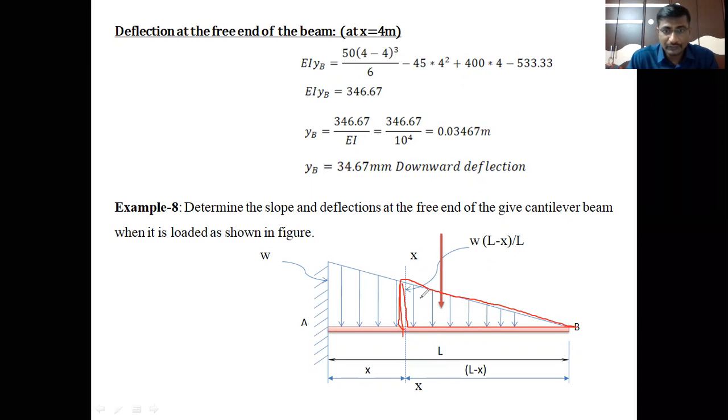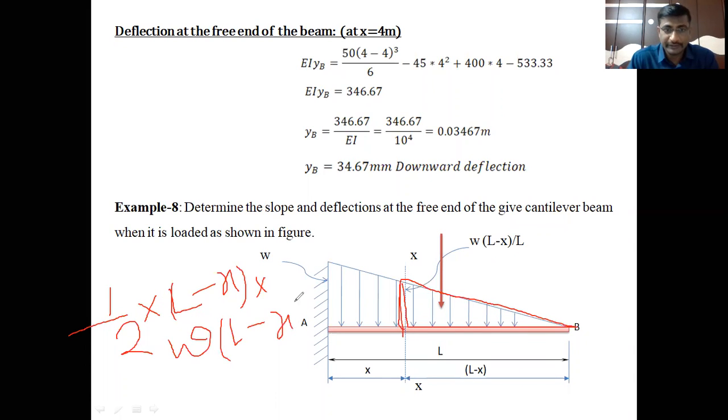Okay, so how to find the load? The load on the right side is the area of the triangle on the right side of the section. Area of the triangle is half into length. What is the length of the smaller triangle? That is L minus x, into what is the height? W into (L minus x) by L. The load intensity is W into (L minus x) by L, the height.